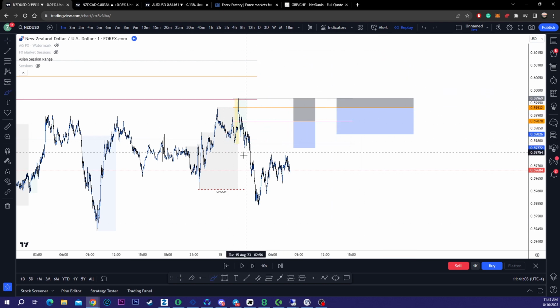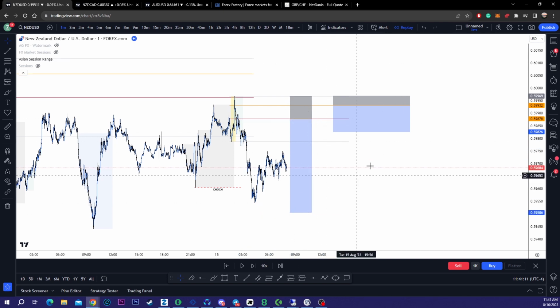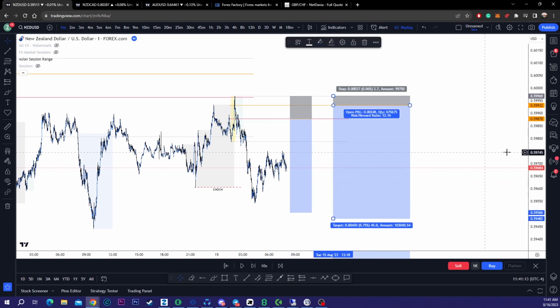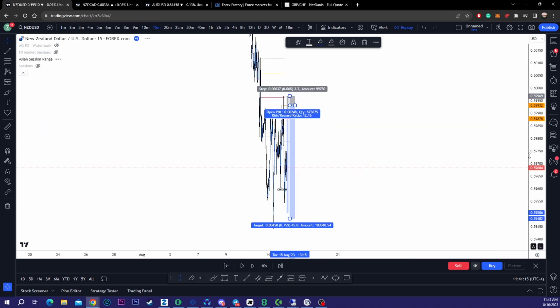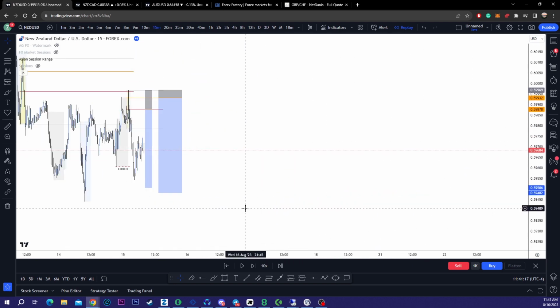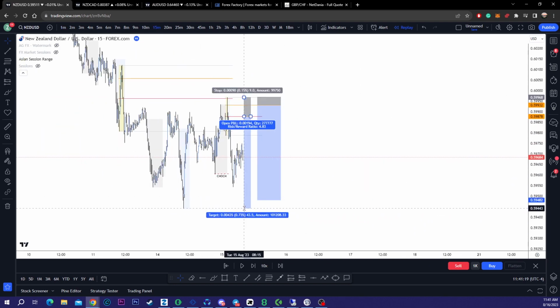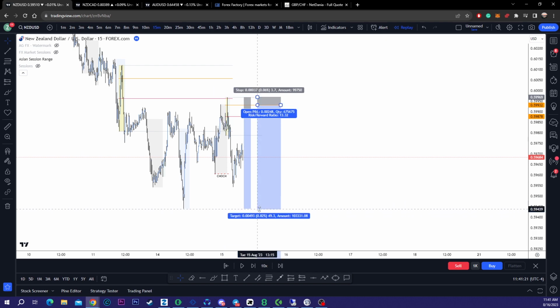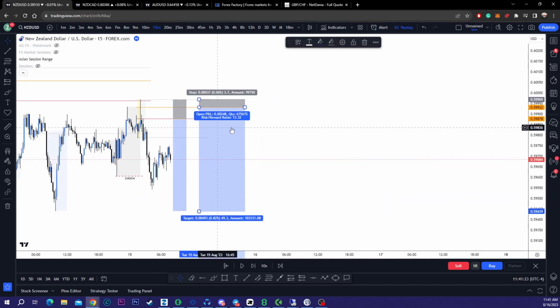So we know that this is the manipulation that mitigated the previous 50% of our point of interest. We had that entry there, and we had that 80%, and all of these entries are going to be to target this low. We're targeting this low right here. So we had the first entry and we have the second entry.